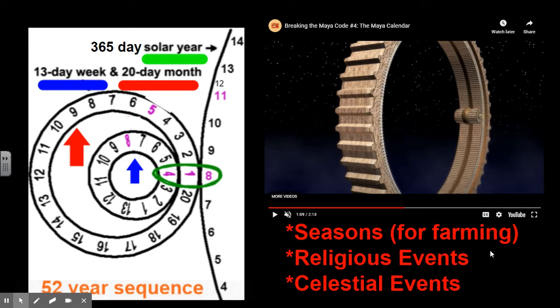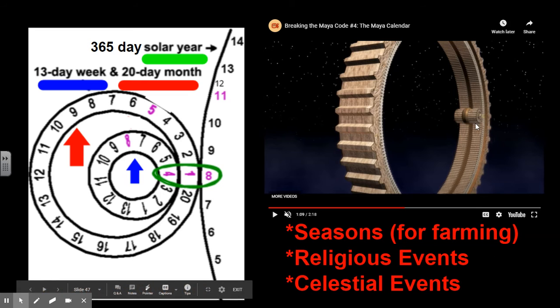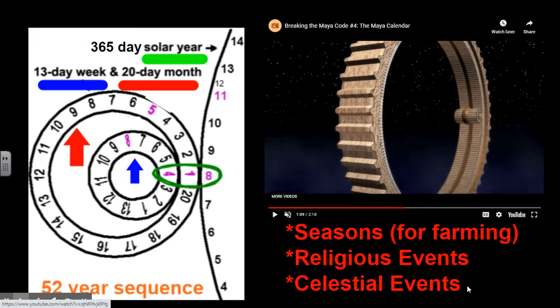They kept track of, or had different symbols to represent, different religious events. If they were going to have a celebration of that event, or if it represented a holiday, or the celebration day of a specific god, those things would all work themselves into different parts of the calendar. And the last one is anything related to celestial events.